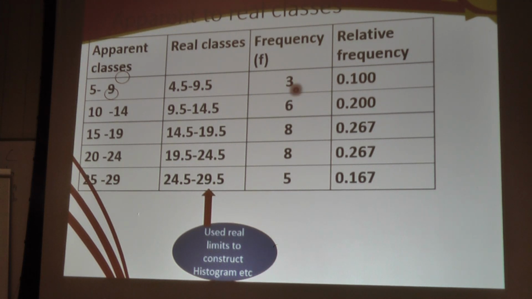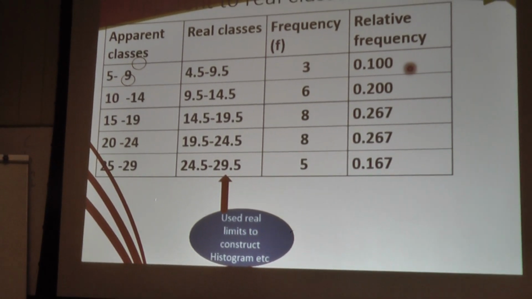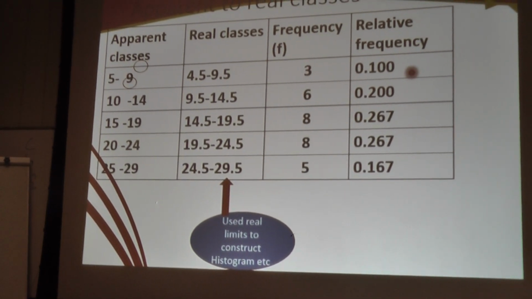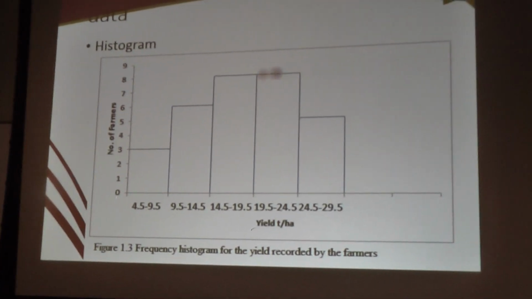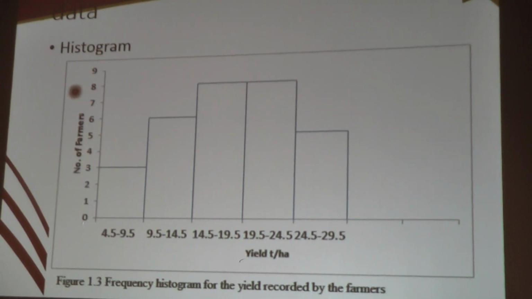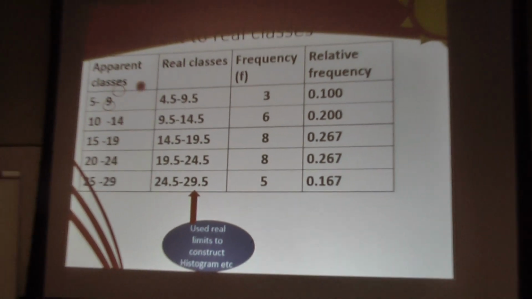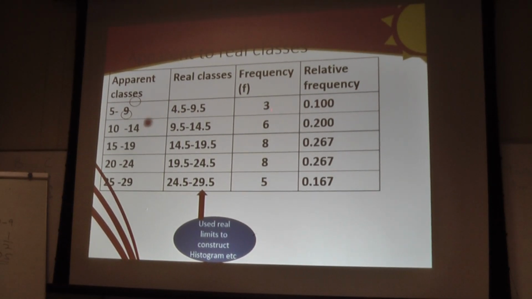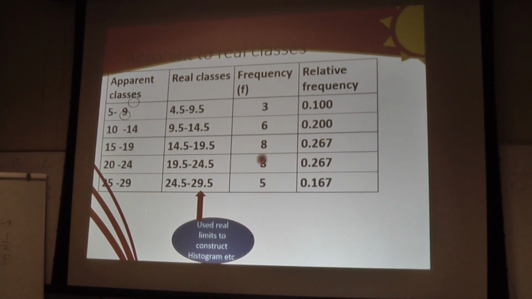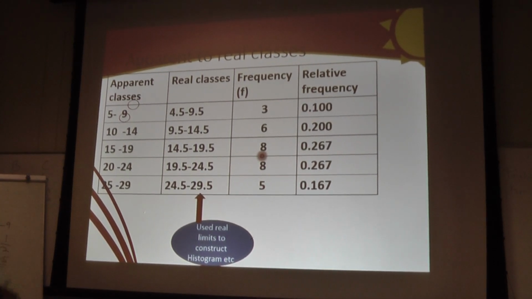So you can use percentage frequency, relative frequency, or the frequency on your vertical axis. Now you can see this histogram, and I'm sure you need to try this by yourself. From the previous table here, you can see the highest frequency is 8. That will guide you in terms of what scale you must use on the vertical axis.